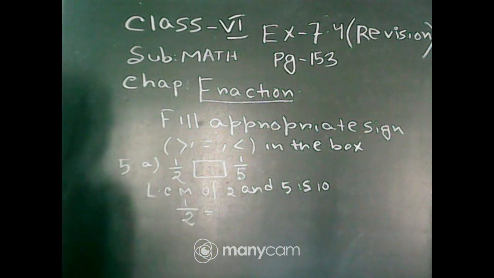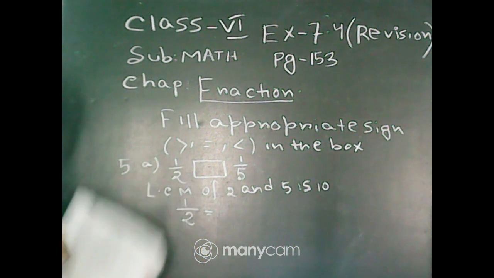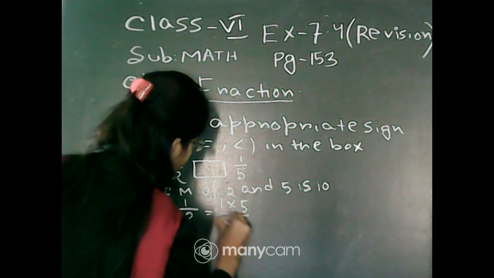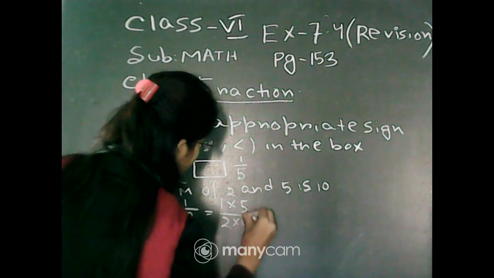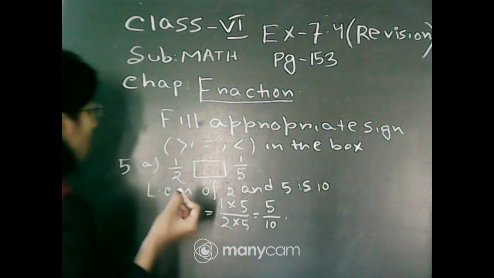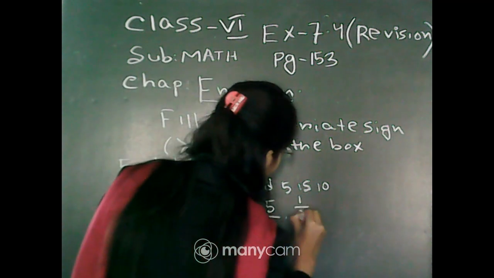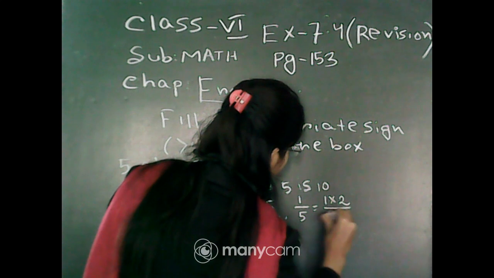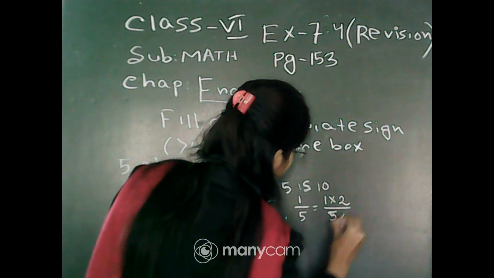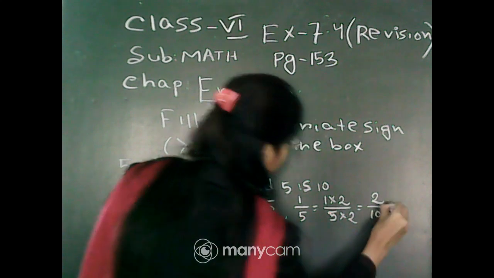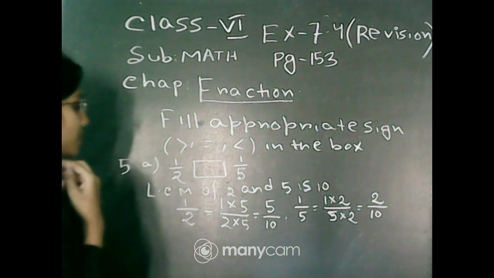Now to make the denominator 10, we multiply this fraction by 5 and we get this is equal to 5 divided by 10. Also 1 by 5 is equal to 2 divided by 10.